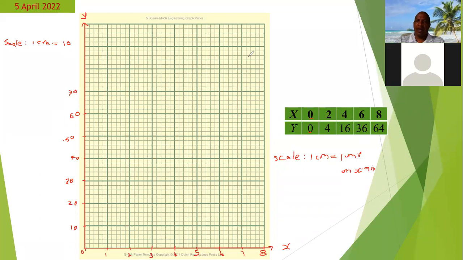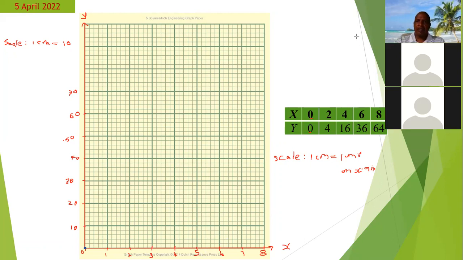So you want to highlight these points where you are plotting your graph. I don't know if you are able to see. Can anybody see the point that I put there? There it is. That's our first point.